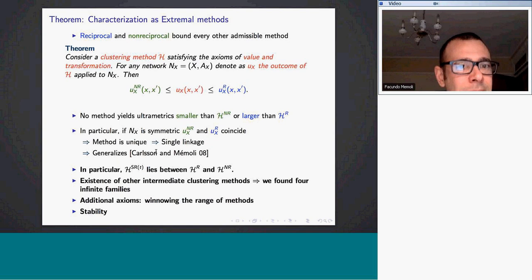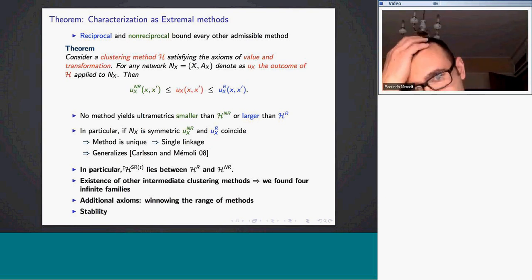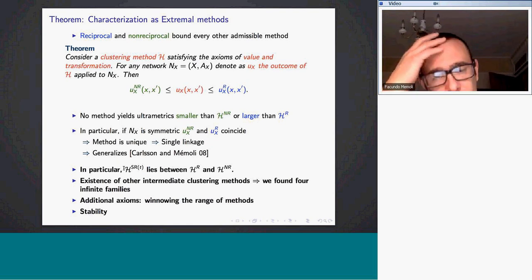This is a result that Gunnar Carlsson and colleagues proved in 2008. The semi-reciprocal methods are intermediate methods, that is, methods that are contained in between the reciprocal and the non-reciprocal methods.